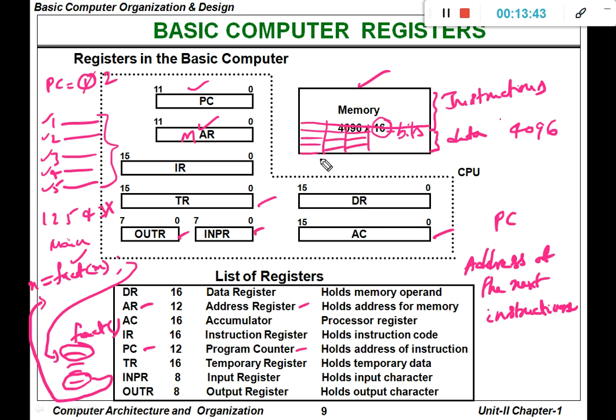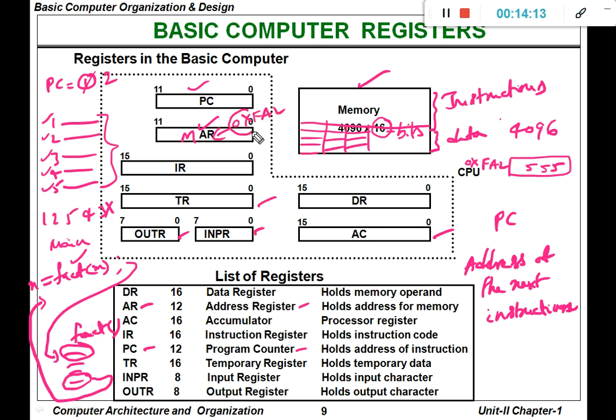Using the memory address register. For example, a particular value 555 is located in address location 0xFA2. Then the MAR will be loaded with 0xFA2.